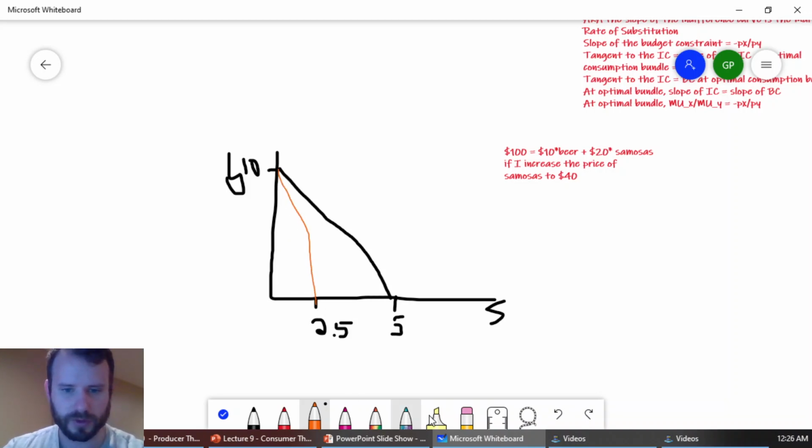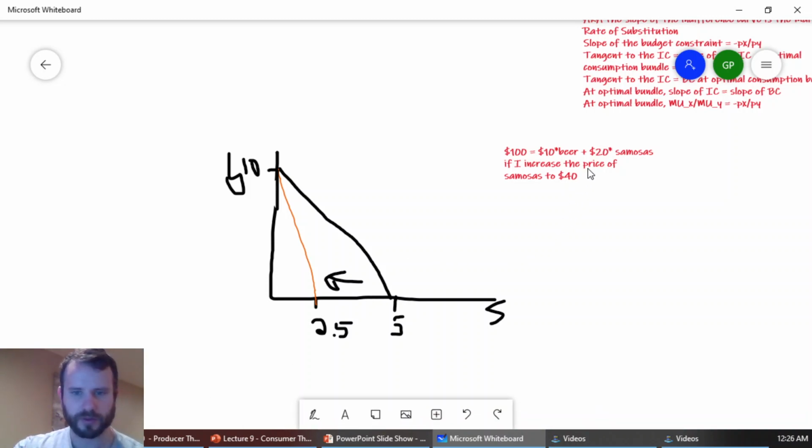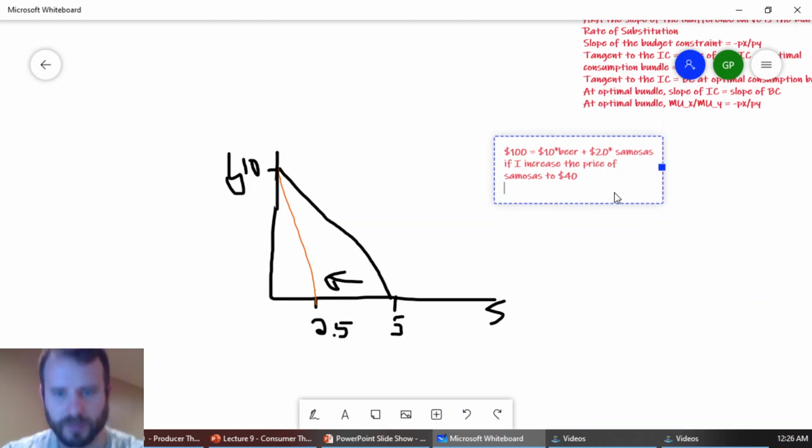Oh, oof. That's supposed to be a line there. All right, that's better. So the budget constraint moves in. Budget constraint shifts inwards. Okay.